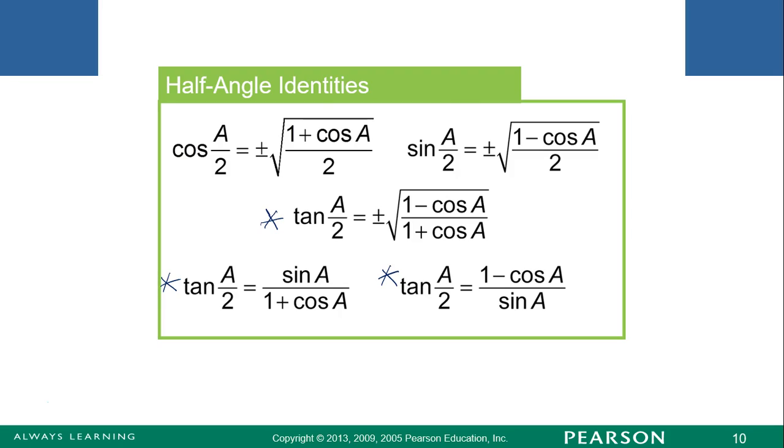It just all depends on the information you're given from the beginning on which one you want to use. What I would suggest is write these on your note card and state that these are half angle identities. Same goes with the double angle identities and a couple other identities that we're going to look at in a little bit. Okay, so half angle identities. Let's use one of them.